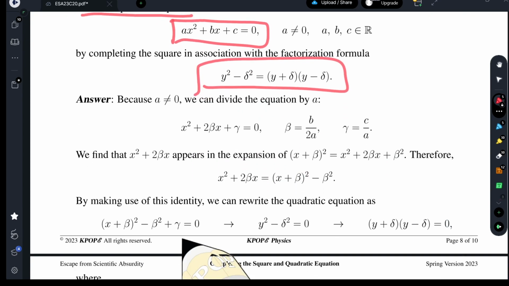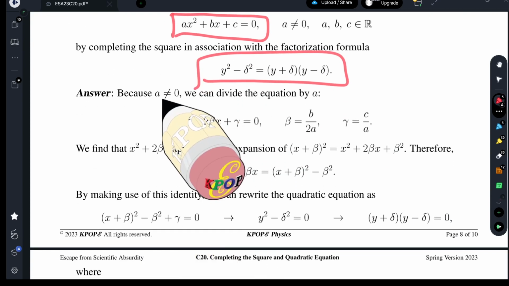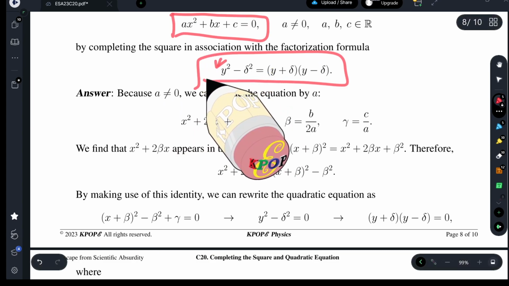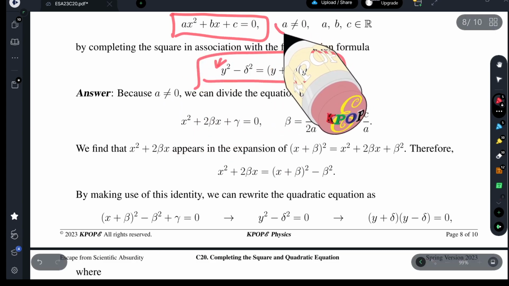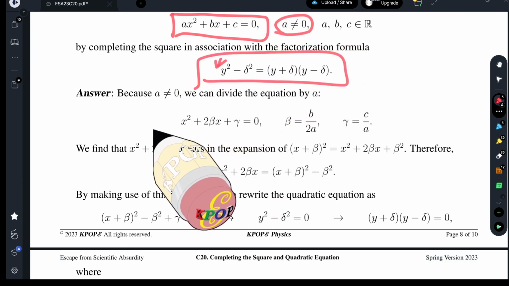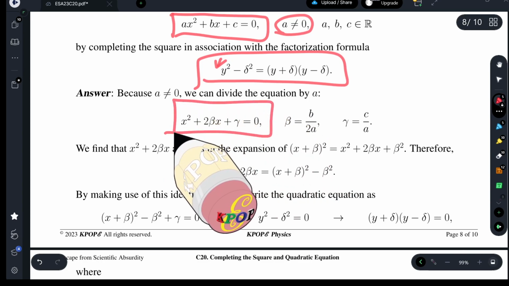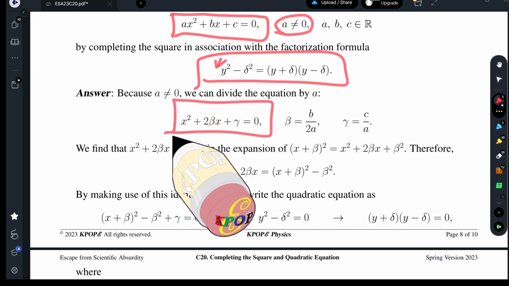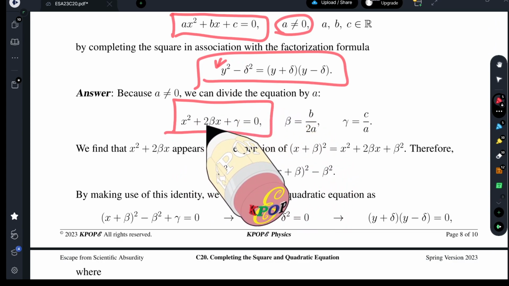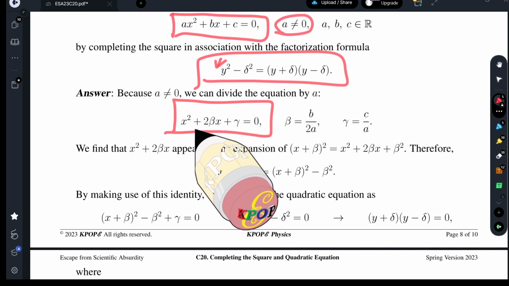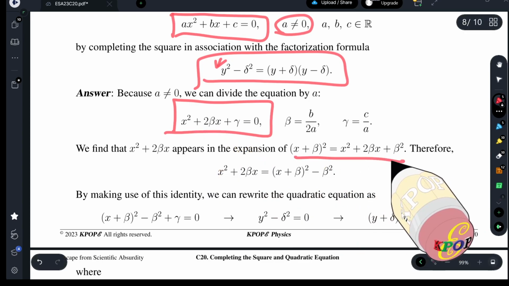So what should I do? I first divide both sides by a, because there is no overall factor and alpha is not zero. And I assume this expression can be reduced into this kind of form. The reason why I have introduced a factor of 2 is to simplify this.